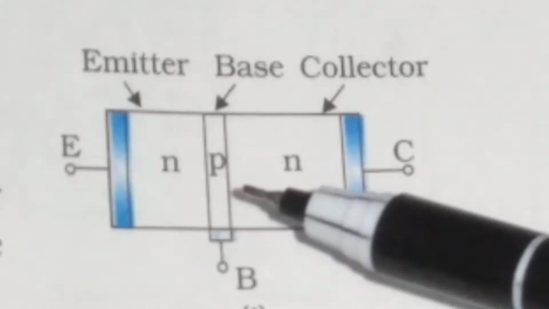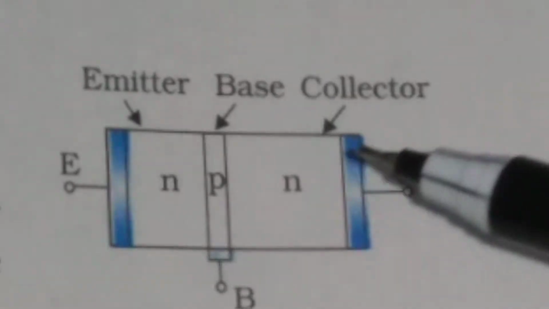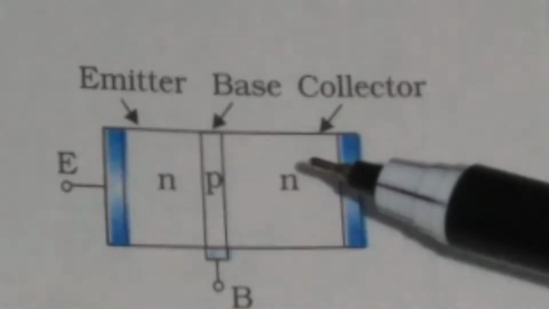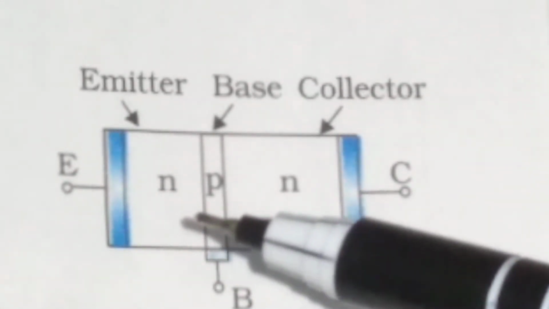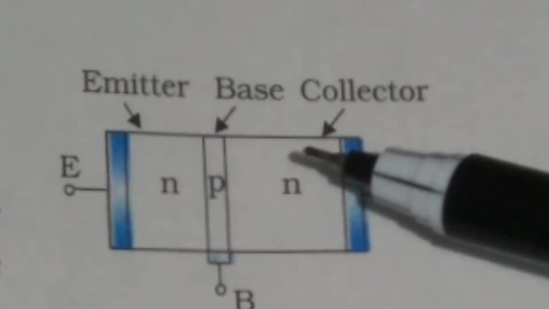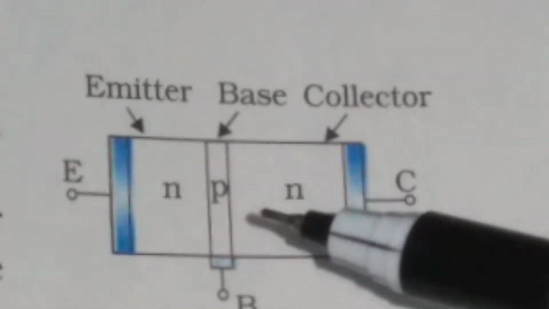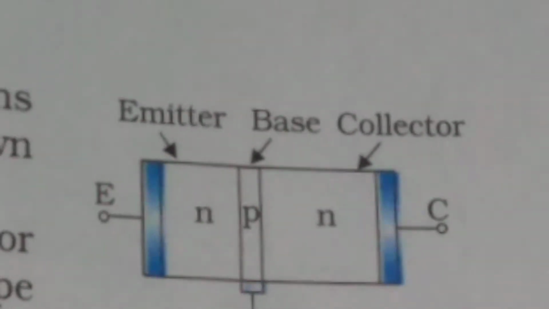So two PN junctions are doped to form the NPN transistor. This is your emitter, this is your base, and this is your collector. The size of the emitter is smaller than the size of the collector. That means the size of the collector is large in comparison to the size of the emitter and the base.